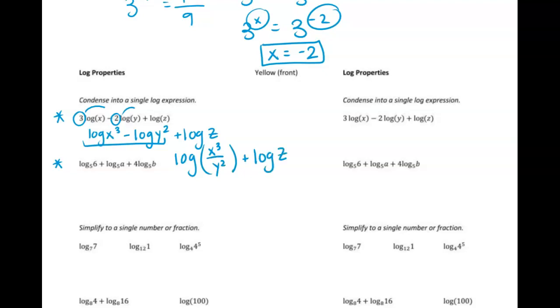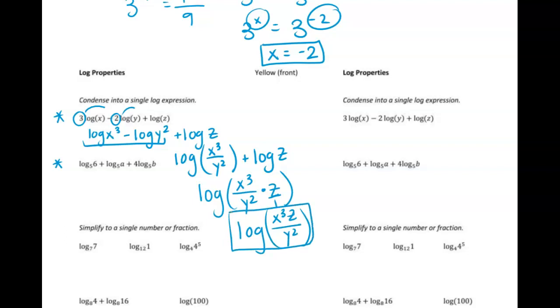And addition is really just multiplication when you condense. So we have log of x cubed over y squared times z. So how I would probably write this is log of x cubed z over y squared. Think of this as like z over 1, and we're multiplying over y squared.